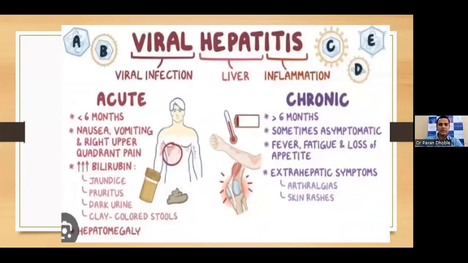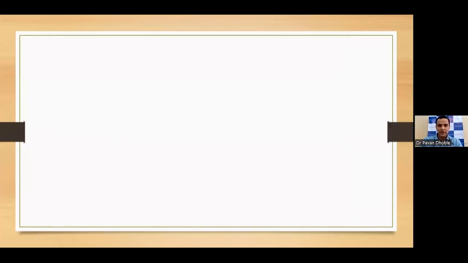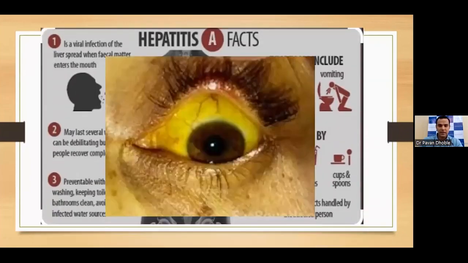So viral hepatitis, like I said, could be acute. Acute viral hepatitis is of very short duration, lasting less than 6 months. Chronic hepatitis is which lasts more than 6 months. Viral hepatitis like A and E generally causes acute hepatitis. The symptoms are typically nausea, vomiting, right upper quadrant pain, and the patient will have jaundice like this.